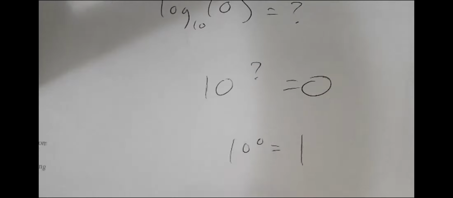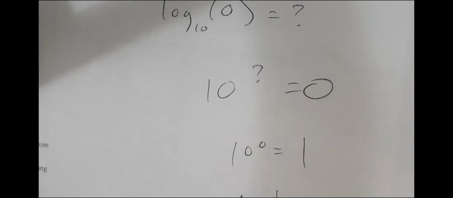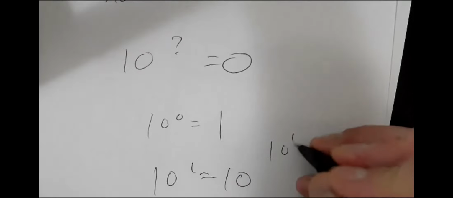If we think about 10 to the 0 power, that gives me 1. Anything 10 to the first power is going to give me 10. Maybe you're thinking about fractional powers. I don't know, 10 to the 1/2 is the same thing as the square root of 10. I'm going to have to bust out the calculator to figure out what the heck this is, because it's not rational, but it's definitely not 0.